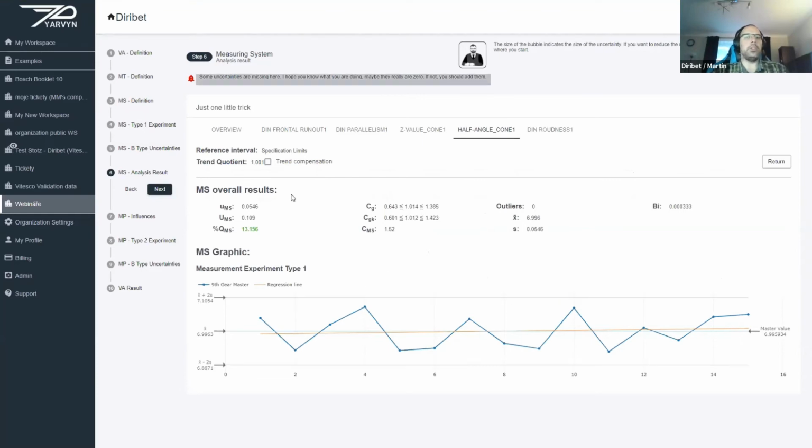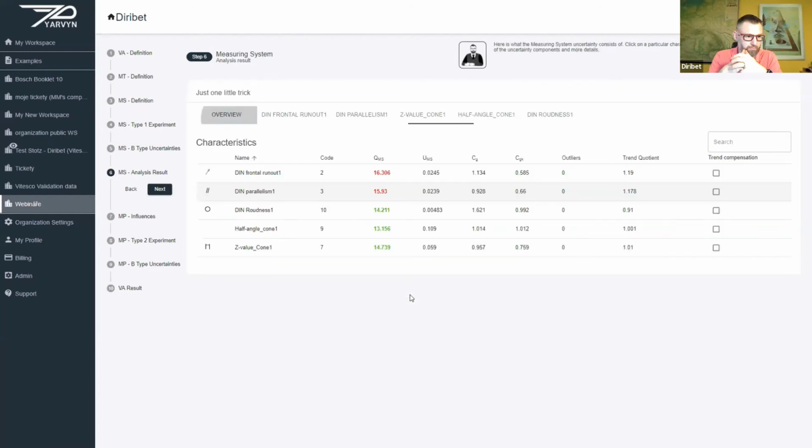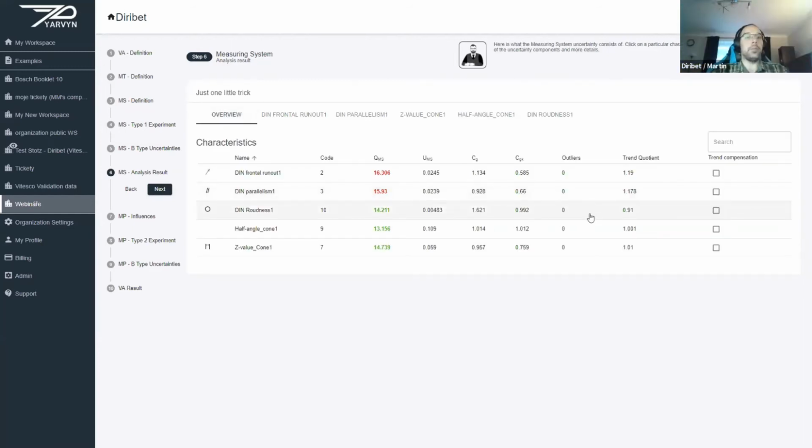Nothing changes when you try to compensate the trend. And the last is characteristic number 10, roundness 1. And you can see that in here, the trend quotient is less than 1. That means when you try to compensate the trend, you can see that the results are worse than before.